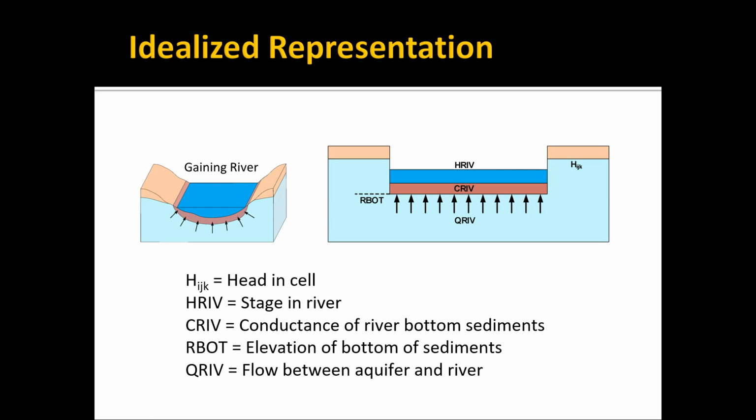The head in the cell is calculated by the model, and Q, the flow between the aquifer and the river, is also calculated as MODFLOW runs. Now, that flow rate and the interaction between the river and the aquifer is going to vary depending on the relative elevation of the head, HIJK, with respect to HRIV and RBOT.